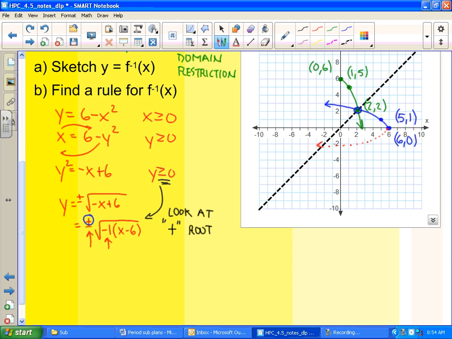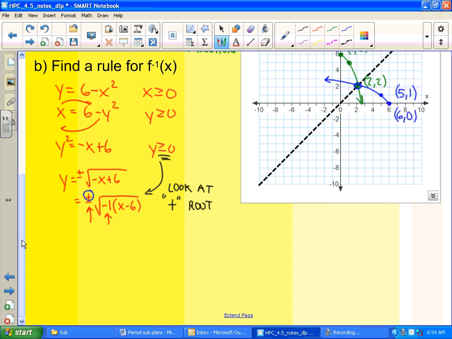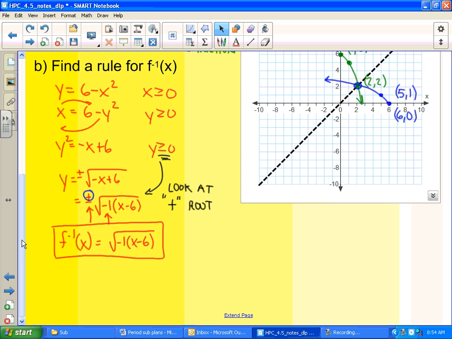So this red is not there because we, of course, are not considering the plus-minus part of it. So we can finally write our inverse as the inverse function is equal to the positive root of negative 1 times x minus 6. There's my inverse, ignoring the negative part of it.